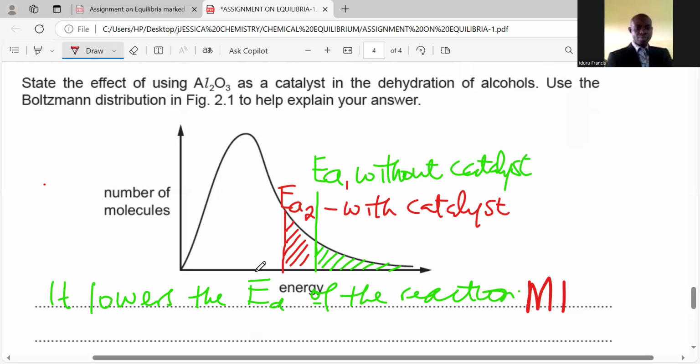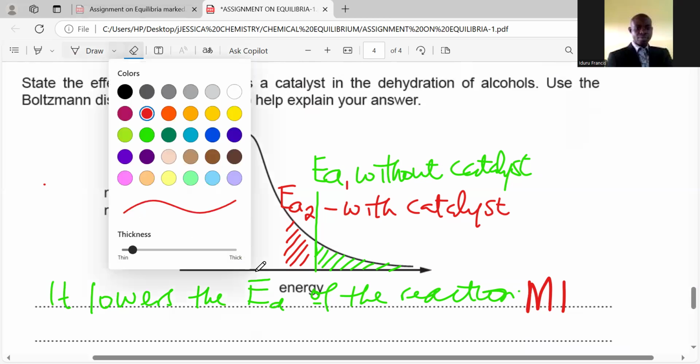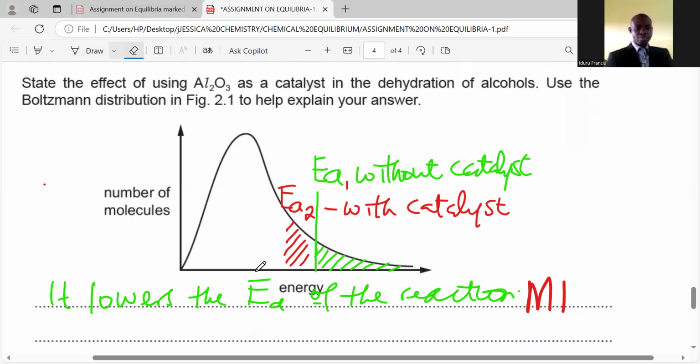So since that one, we have seen that only a small fraction of molecules is to the right-hand side with that color, the fraction that have the EA that can effectively collide and produce a product.